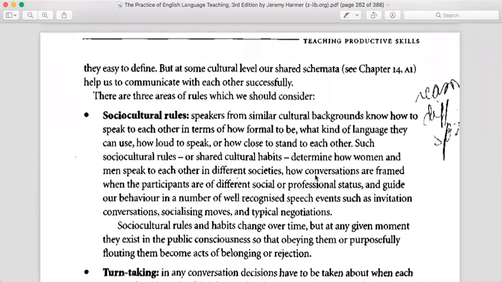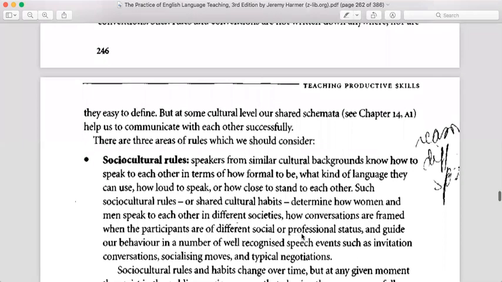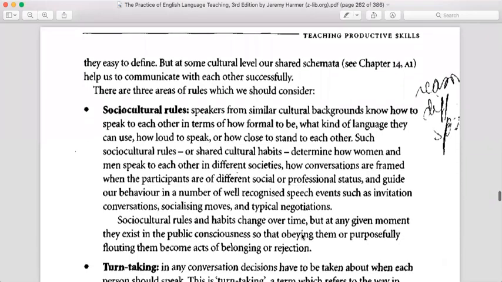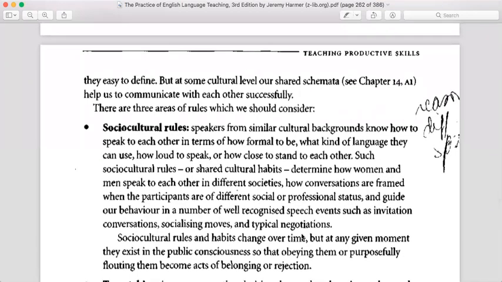For instance, the sociocultural rules, right? So this is something you sometimes need to teach the students; sometimes the students already know because they are growing up in that particular culture. They are brought up in that particular culture, so they already know, so they can mix and match the language and their culture conventions.